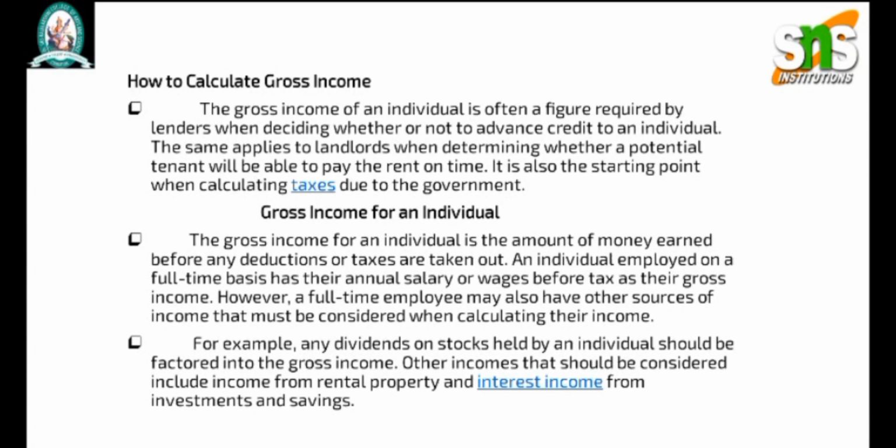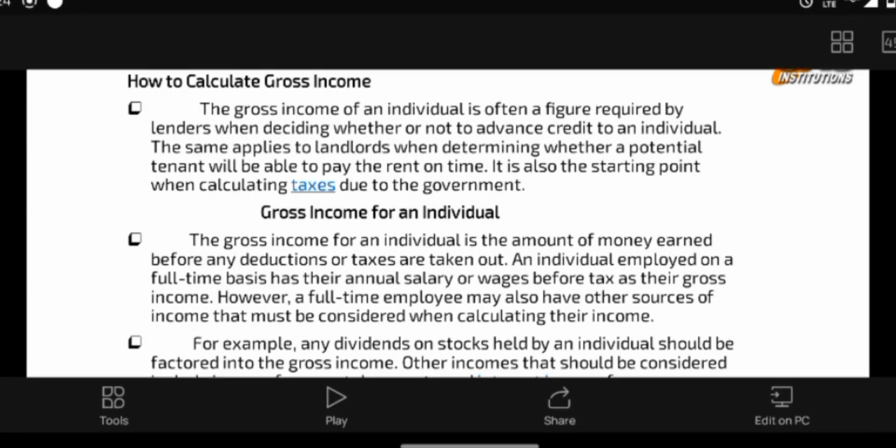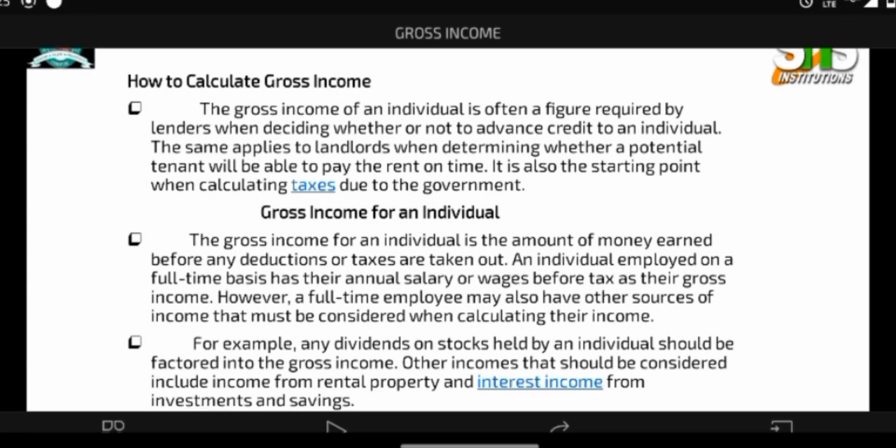Gross income of an individual. The gross income of an individual is the amount of money earned before any deductions or taxes are taken. An individual employee on a full-time basis has their annual salary or wages before taxes as their gross income.